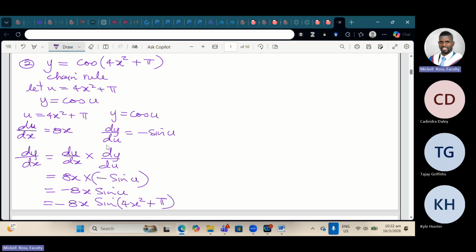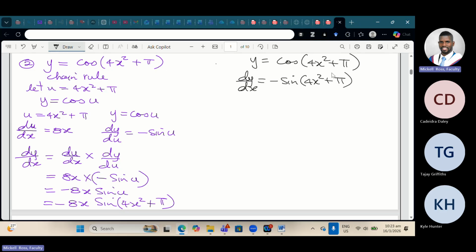Now, using the other method, just remember: differentiate as is, then multiply by the derivative of the angle, or in other words, the derivative of the bracket. So using the other way, y is equal to cos of 4x squared plus pi. So dy dx: differentiate as is, differentiate cos, you get negative sine, and it's going to be 4x squared plus pi.